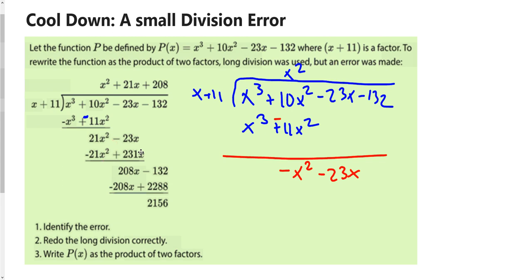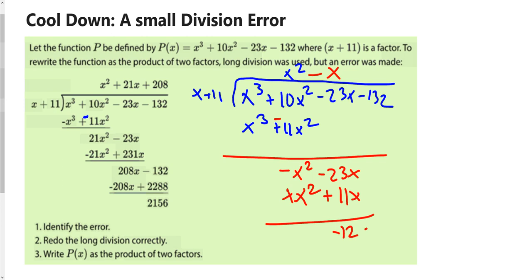Okay, so let's do this out correctly. What's negative x squared divided by x? That is minus x. And we multiply that, we get a minus x squared minus 11x. Change the signs and add negative 23. Now we're going to go backwards from 11, so that's 12.